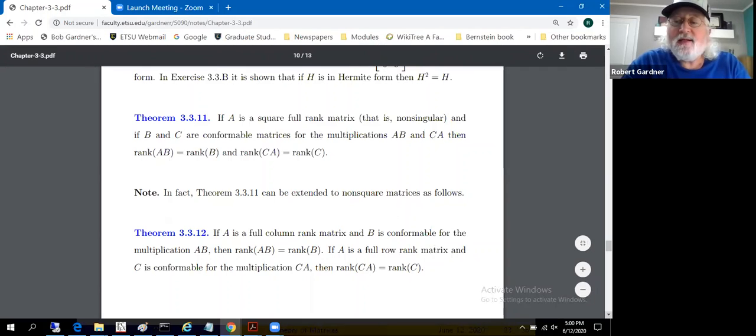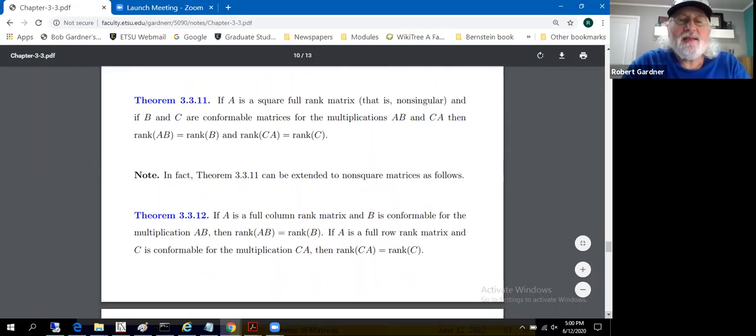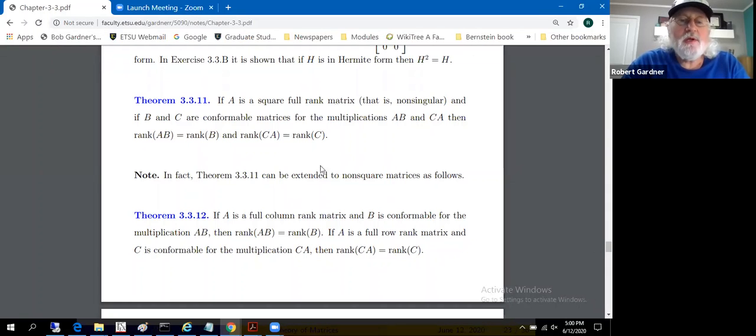Let's see, we can weaken the hypotheses there a little bit. So here A was a square matrix, was a full rank. We could talk about A inverse. The following result is a generalization of that, in which we're taking A to be a full column rank matrix and B a matrix conformable for the multiplication AB. So the hypotheses have weakened from full rank to simply full column rank down here.